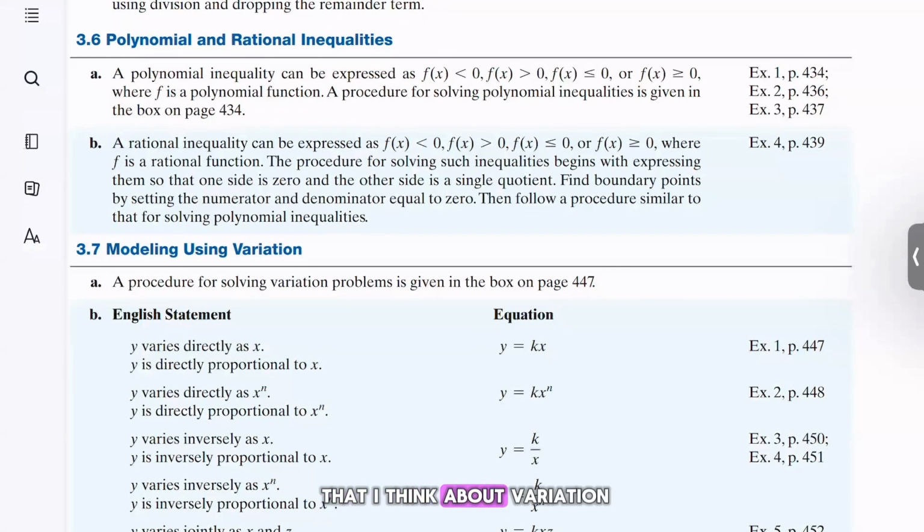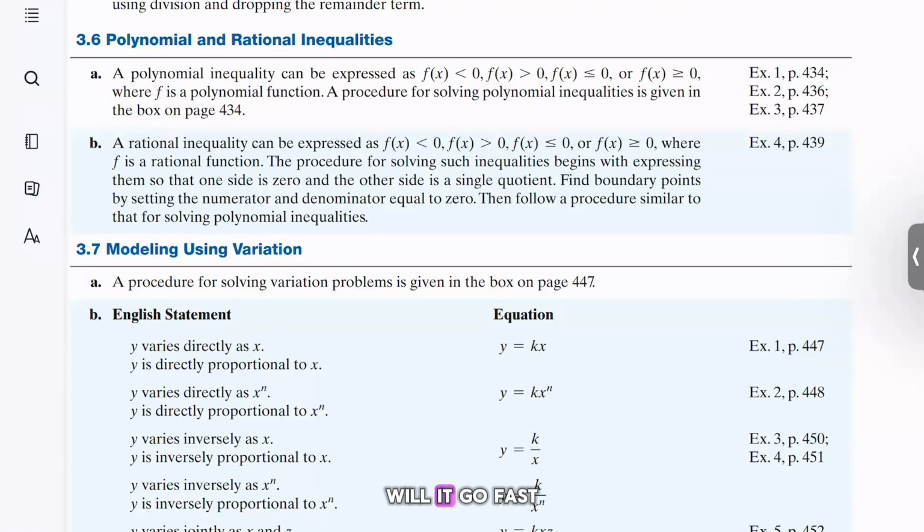So the way that I think about variation, when it varies inversely, which is the more important one, the proportional one is too, but the inversely proportional one suggests what happens to this function if I put a large number in the denominator.